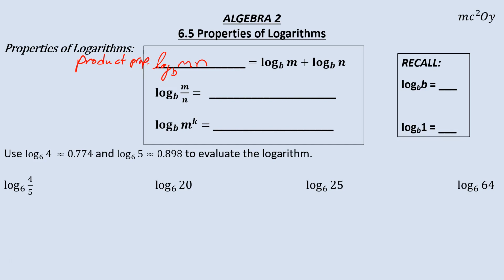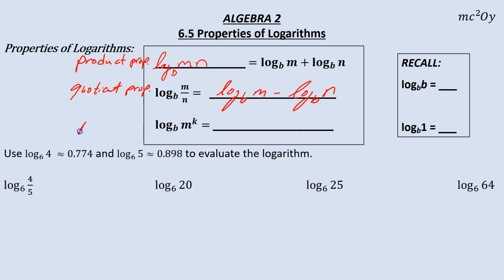Log base b of m over n is equal to log base b of m minus log base b of n. And you might guess it, but that's called the quotient property.